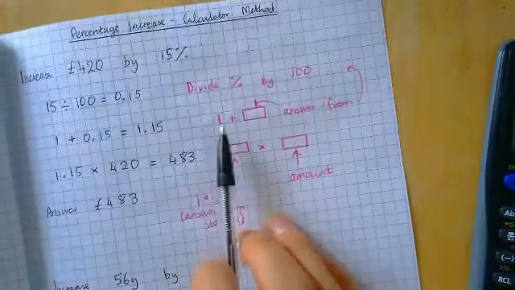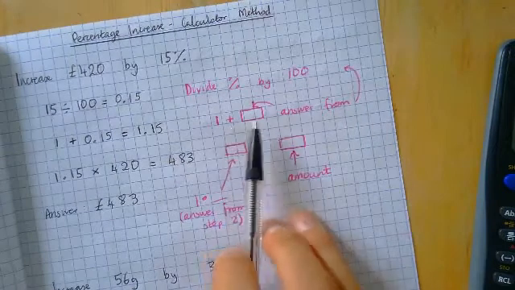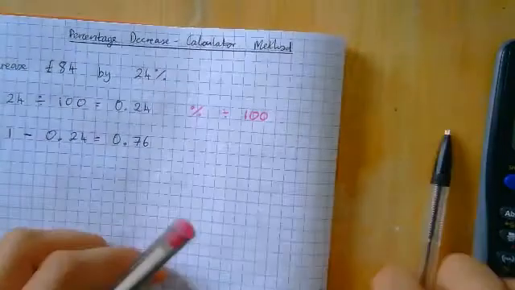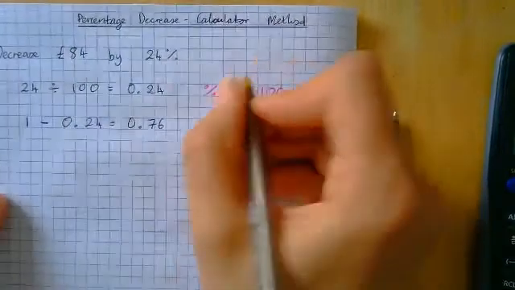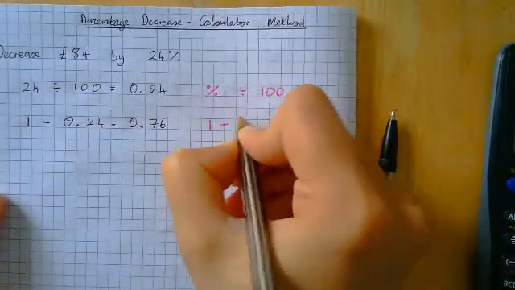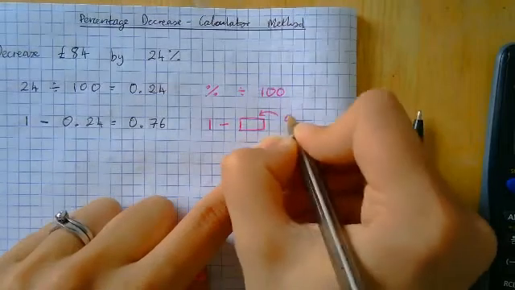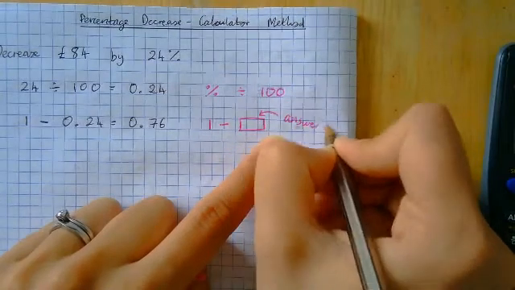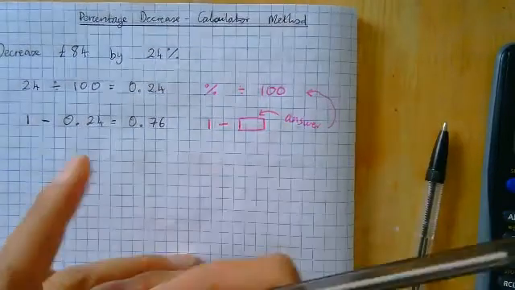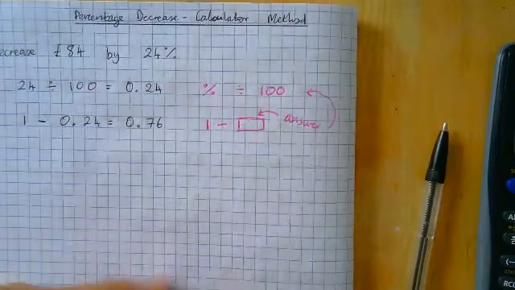So last time we did 1 plus our answer from the first part. Well, this time, we're going to do 1 minus our answer. And that's the only difference in this method.